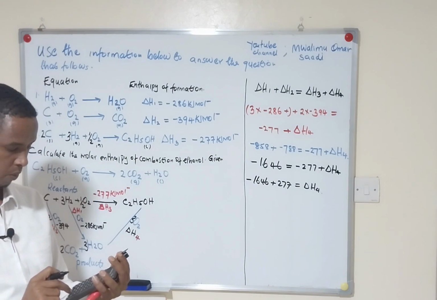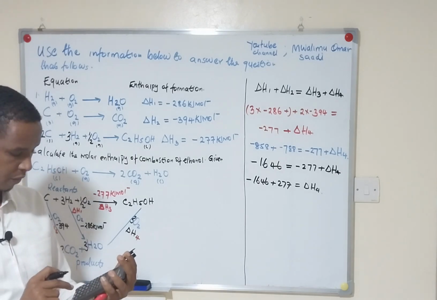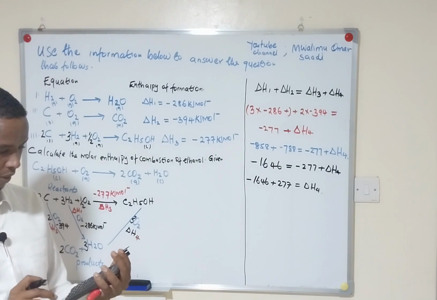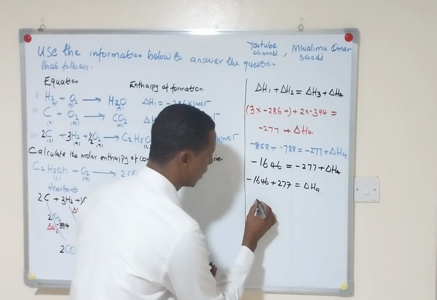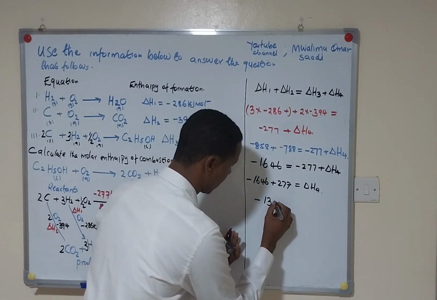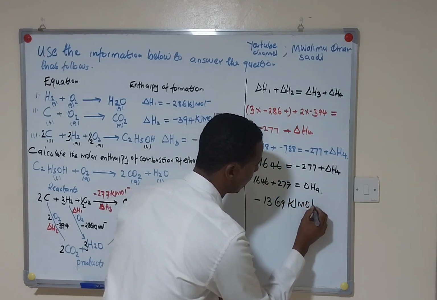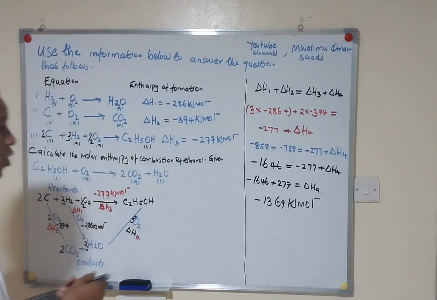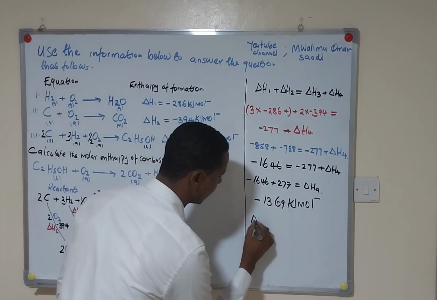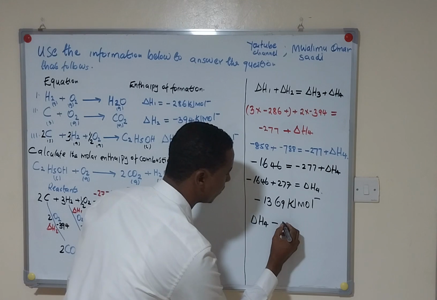So negative 1646 plus 277 will give us negative 1369 kilojoules per mole, and that is the enthalpy of combustion of ethanol.